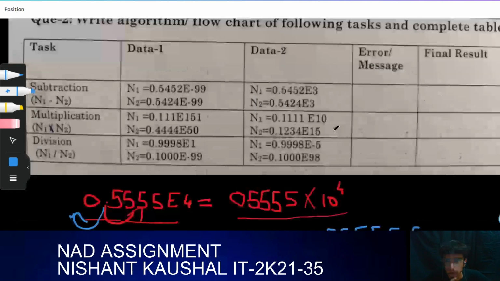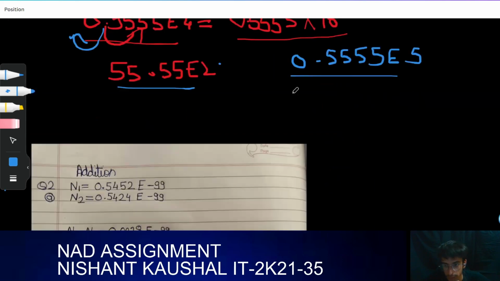In this question, first we have to perform subtraction with these two data. As we can see, after exponential, the number is same, that is minus 99. So we can apply subtraction directly on these 4 digits, and we can find the value of n1 minus n2. Same with this data as well, as the number after e is same, so we can perform the operation directly on these two numbers.